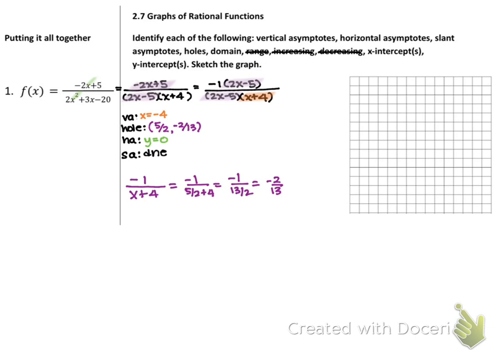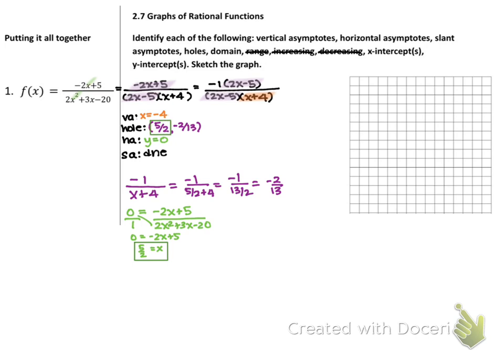Okay, let's see if we actually hit the horizontal. So we're going to do 0 equals, so replace the y values, go back up to the original. So we've got negative 2x plus 5 over what the original problem was, which is 2x squared plus 3x minus 20. I'm going to cross multiply here, wipes out that guy on the bottom. So I'm going to get 0 is equal to negative 2x plus 5. If I solve, that's 5 halves. However, if I compare that x value of 5 halves, it's a hole.